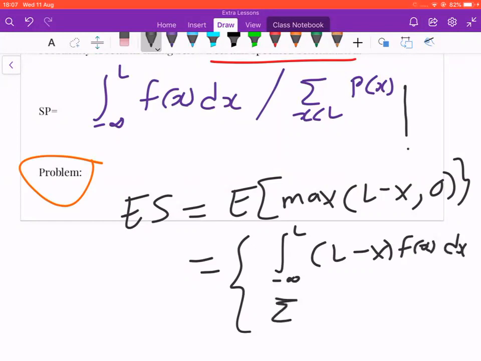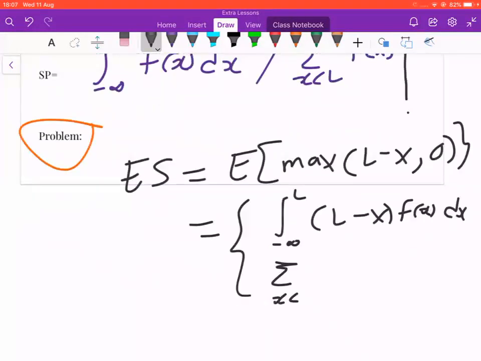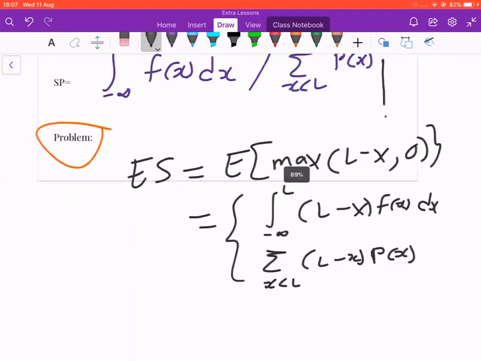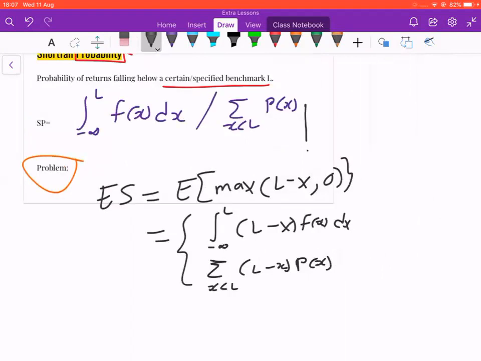For discrete, again, your X is going to be less than L, the sum of (L minus X) times the probability of X. So this is how you find your expected shortfall, right? I hope this makes sense. Is there any question? In expected shortfall, expected.